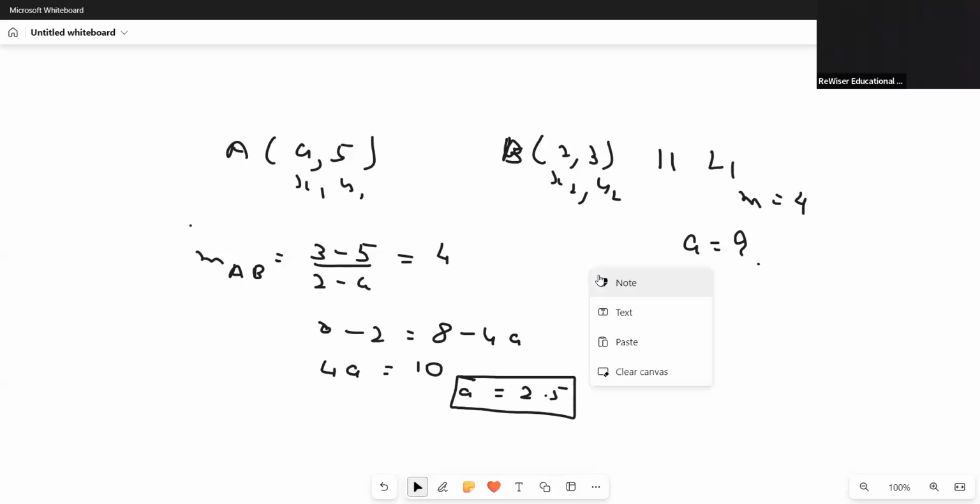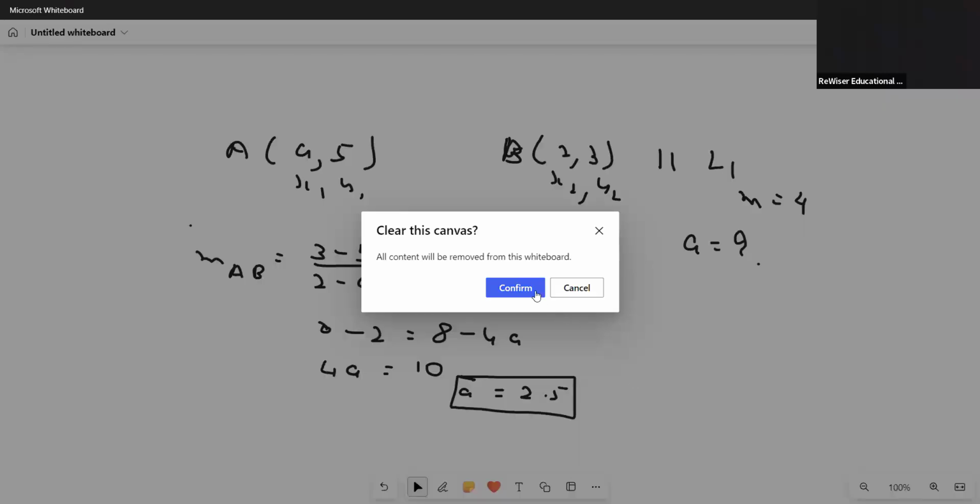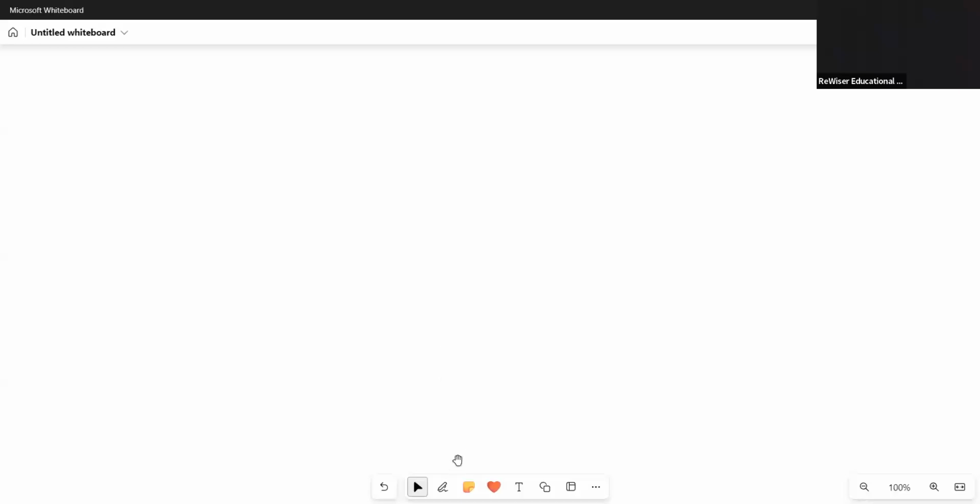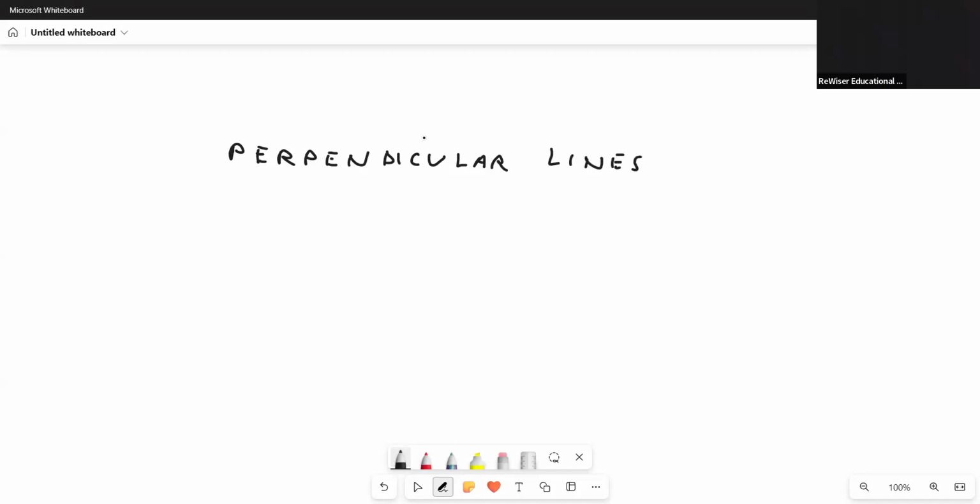Now, moving ahead to perpendicular lines, another very vital topic for IGCSE. Perpendicular lines literally means that the two lines make a 90-degree angle to each other.